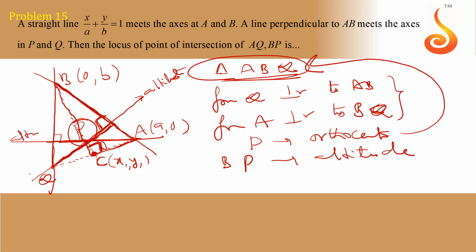So can I say the locus of C will be a circle with AB as diameter, because it is the angle in a semicircle. So the equation of that locus of x1, y1 will be (x minus x1)(x minus x2) plus (y minus y1)(y minus y2) equal to 0. So this is the locus. A very simple observation will solve the problem.